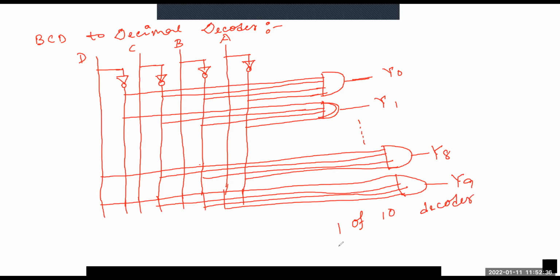Why is it called a one of 10 decoder? Because only one of the 10 output lines is high, and the subscript of the high output always equals the decimal equivalent of the input BCD digit. This is the part for the BCD to decimal decoder.